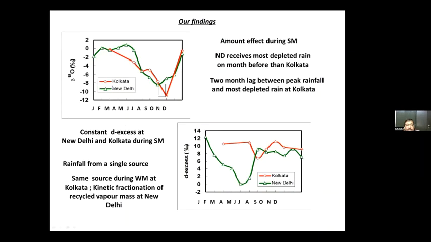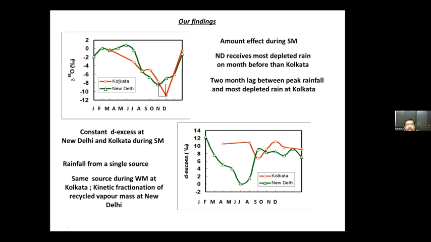Then we compared our values with the weekly or monthly composite samples collected from an IAEA observatory at New Delhi. Why do we compare with New Delhi? Because this location falls on the same monsoon track, which starts from Kolkata at the coast, and New Delhi is inland.